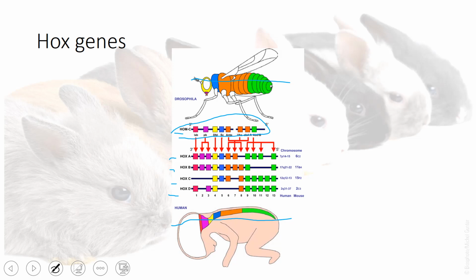Now, we have more Hox gene families than what you find in Drosophila, but the reason for the enormous similarities is, again, keeping in mind that these are major control genes. These are coding for transcription factors that are going to establish the anterior posterior axis.